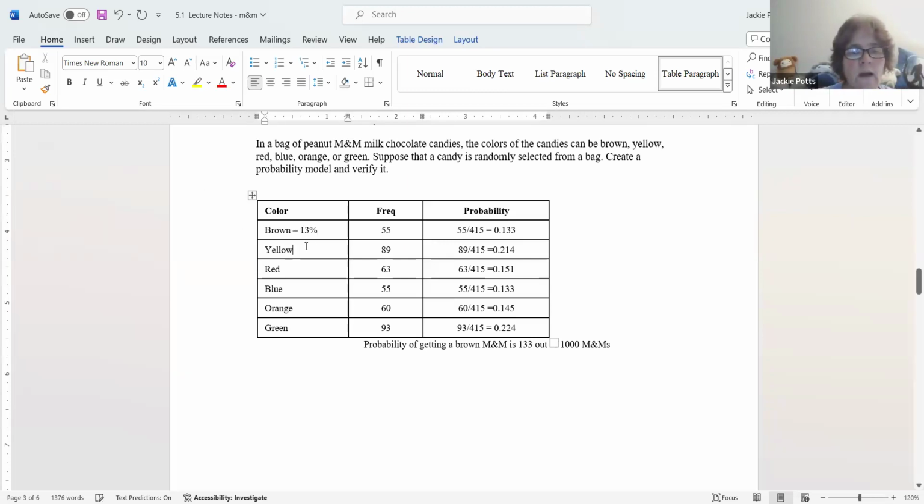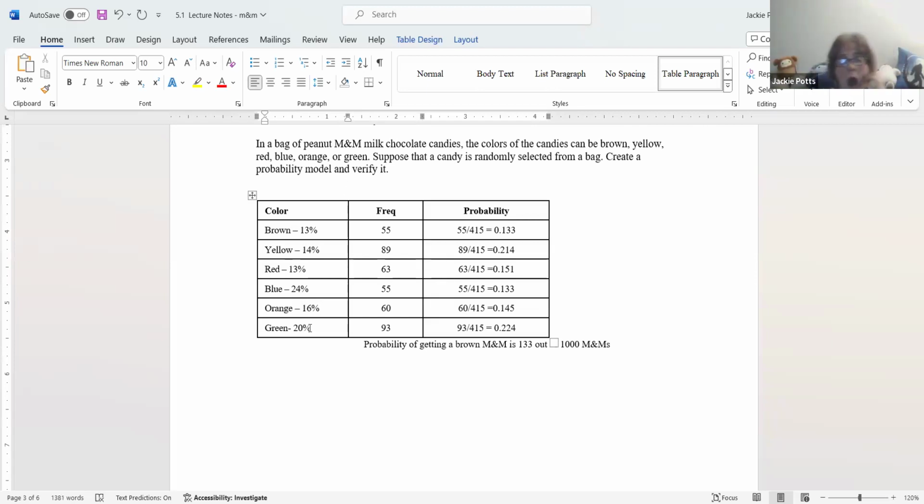They're saying they're manufacturing 13% brown M&Ms, 14% yellow M&Ms, 13% red. Blue is supposed to be 24%, 16%, and green is 20%.